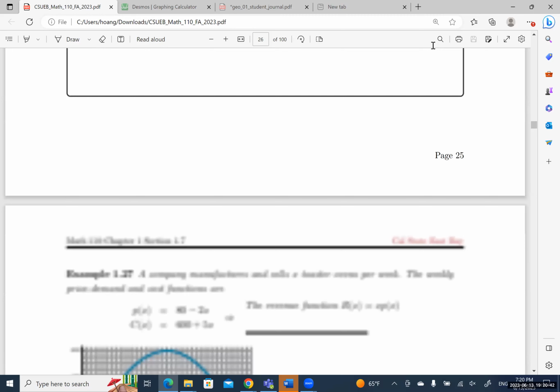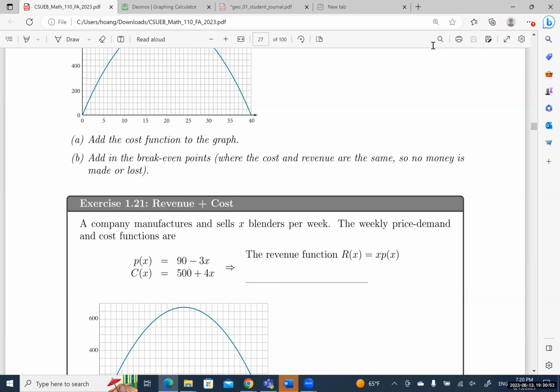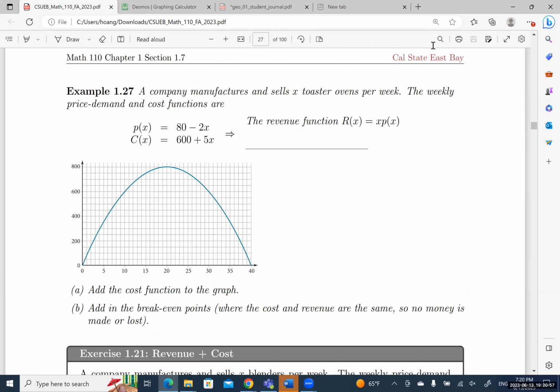Anyway, I would like to stop here because this is not really into these topics of setting up the equations. So I'm going to stop section 1.7 here, and I will see you in the next section. I will talk more about that later.